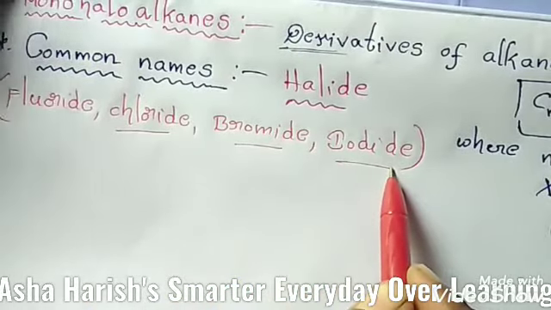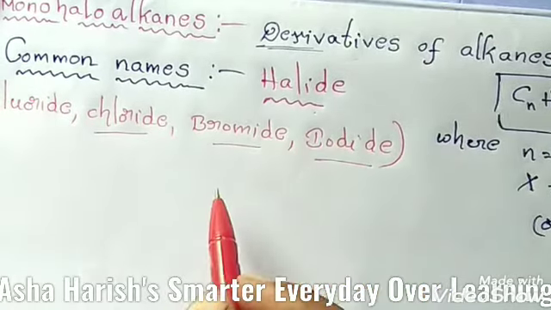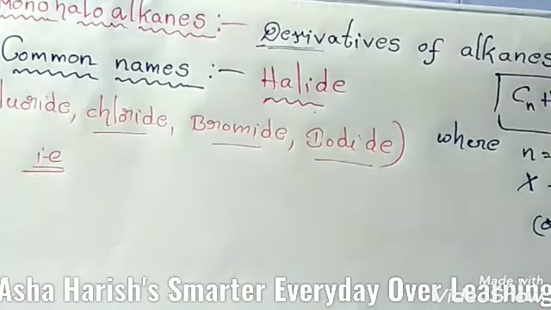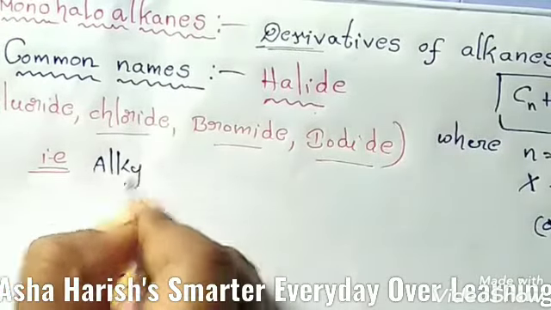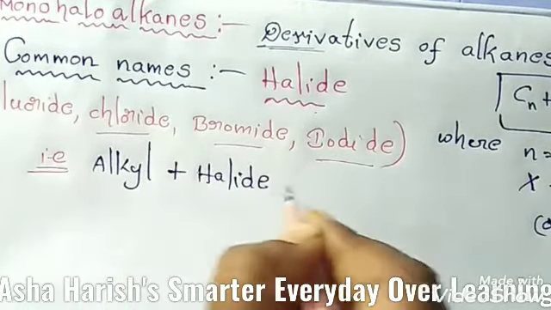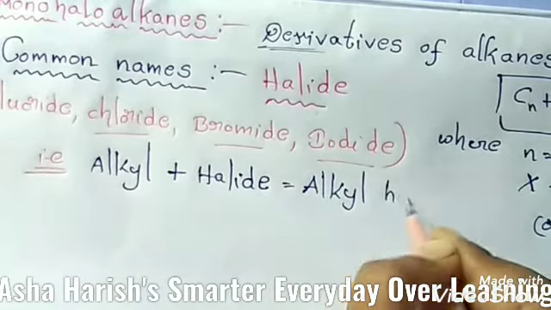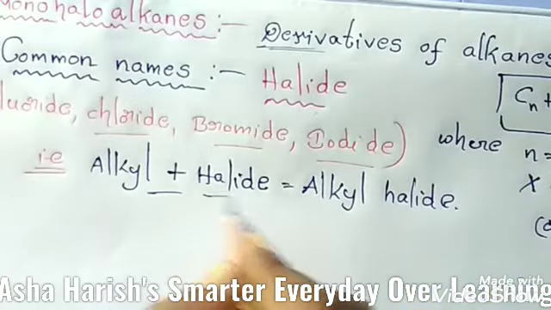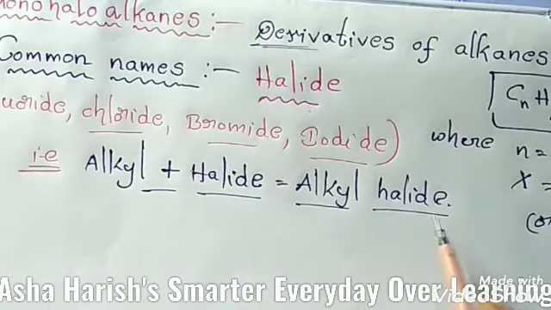We can add the word halide to the name of the alkyl group. To the alkyl you add the halide name, and we get alkyl halide. Simply, if you add the word halide to the alkyl group, we get that alkyl halide.